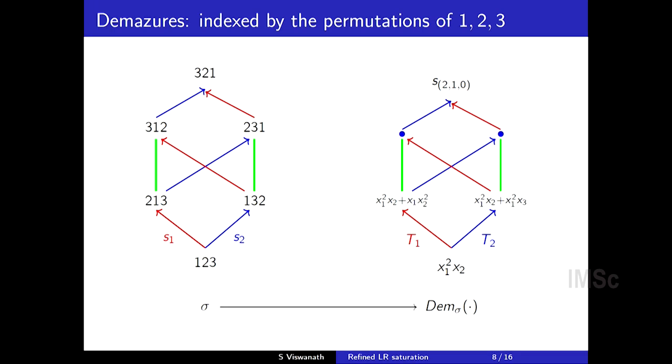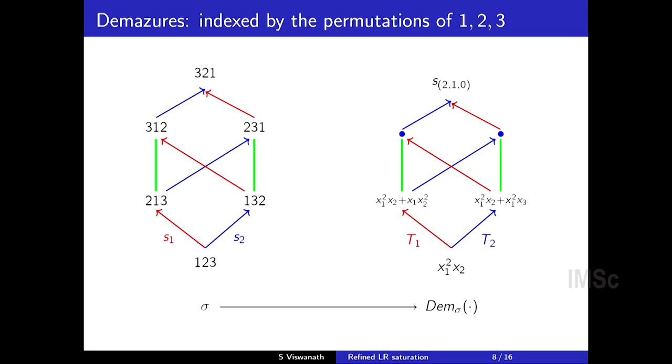Instead of operating on polynomials, just imagine you have the permutation 1, 2, 3, just the numbers listed in their usual order, and instead of T1, you perform the operation which swaps the first two coordinates. So here 1, 2, 3 under the red arrow becomes 2, 1, 3. And the blue arrow swaps the last two coordinates, a little bit like what T1 and T2 did to the polynomials themselves.